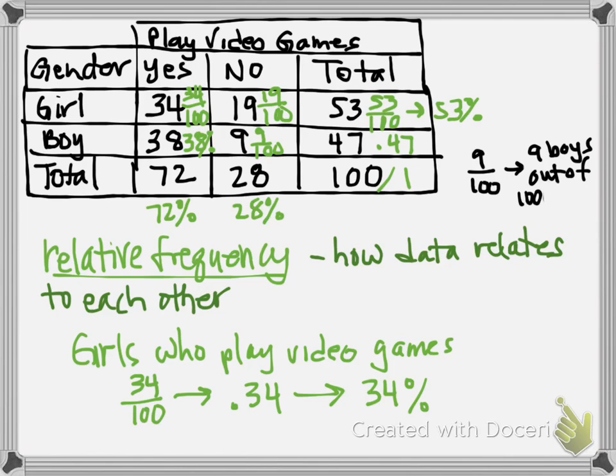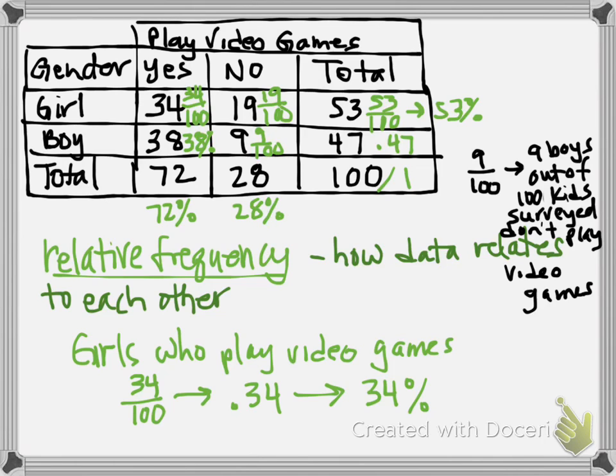Whoa, that would be really bad. 100 kids surveyed don't play video games. Okay? So what we're saying is 9 out of 100 or 9% or 0.09 boys out of 100 kids surveyed do not play video games. Is this true for the whole world? No, it's just this 100 kids that they spoke to. We don't know what the number would be extrapolated.